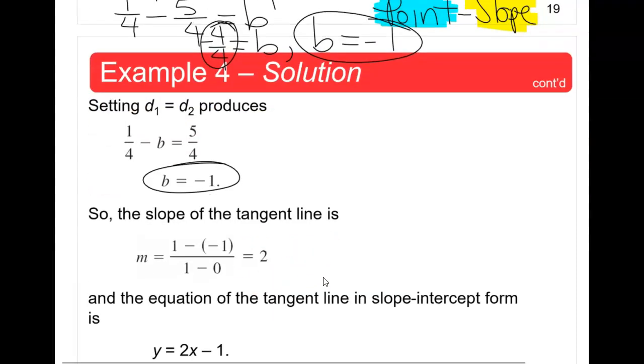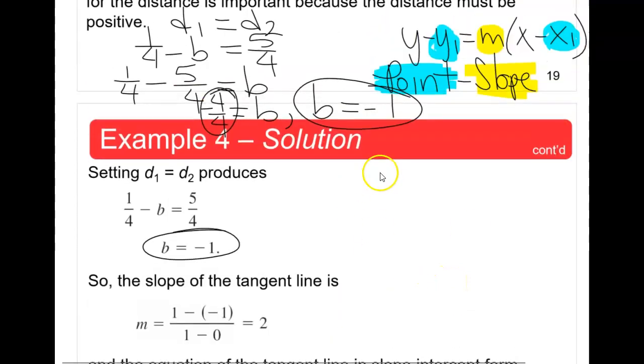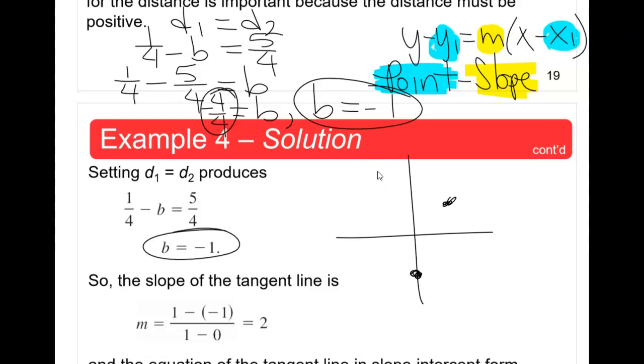Now that we know what that point is, and that was the point on the y-axis, the one right here, the one with the 0, comma b, we now know the coordinates of that point are 0, comma, negative 1. And the other point that was given to us from the beginning was 1, 1.